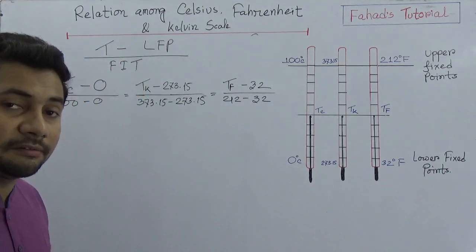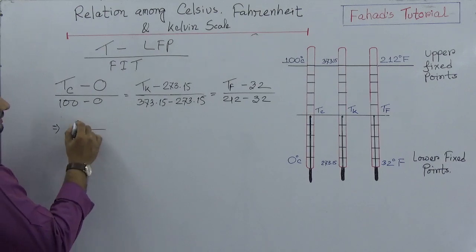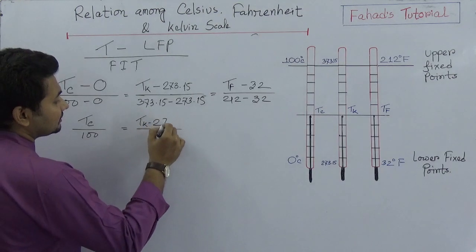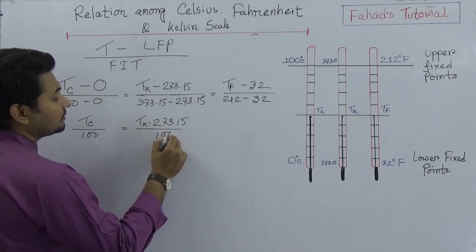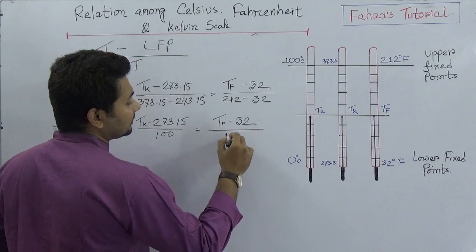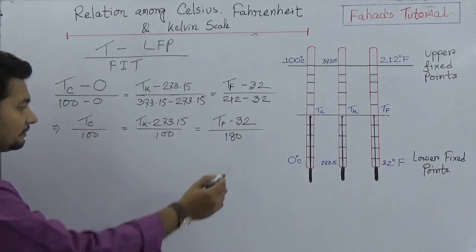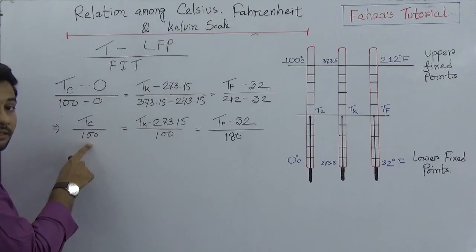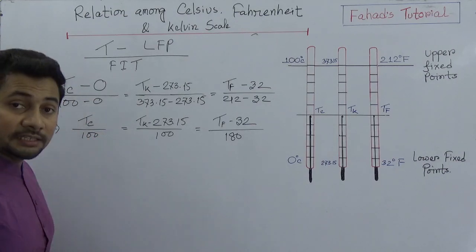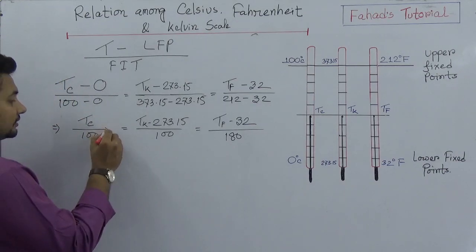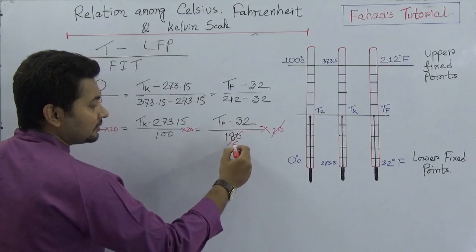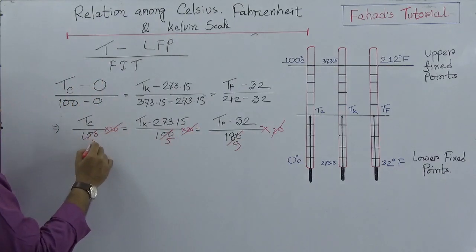Then we find our equations: Tc over 100 equals Tk minus 273.15 over 100, and Tf minus 32 over 180. Now think about how we can minimize the denominators by dividing by 20. If we divide each by 20, the denominators reduce to 5, 5, and 9.